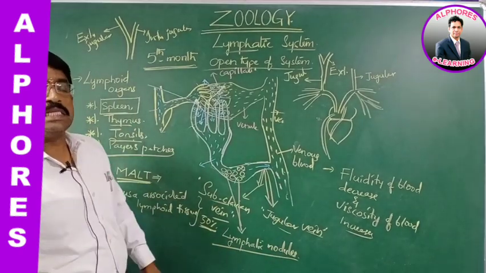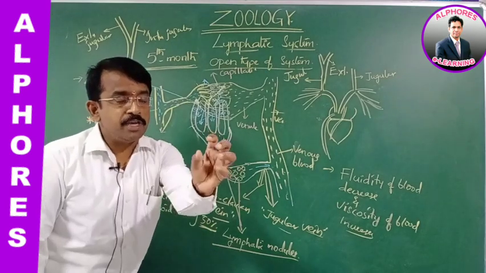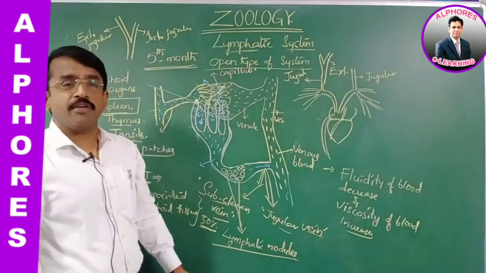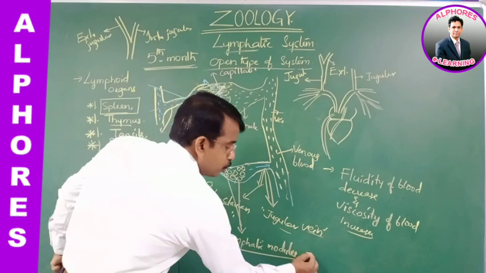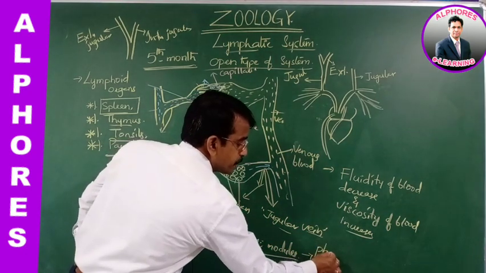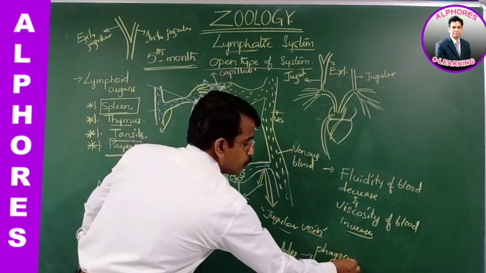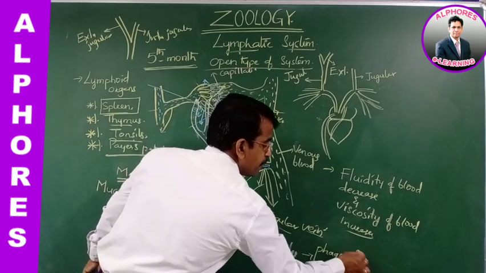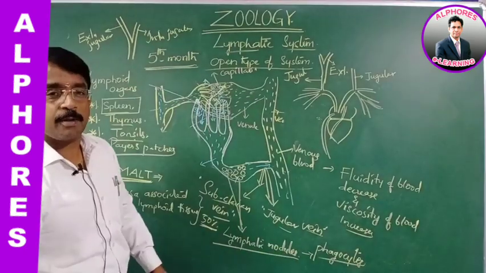These lymphatic nodules trap the microorganisms. These lymphatic nodules produce the phagocytes. What do you mean by phagocytes? Cell eating.